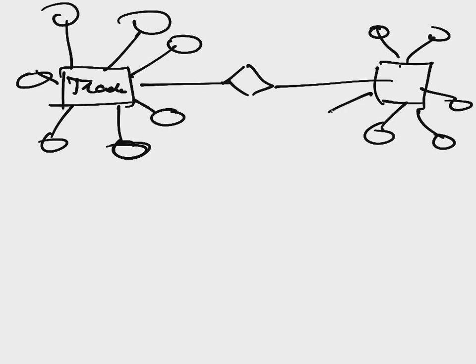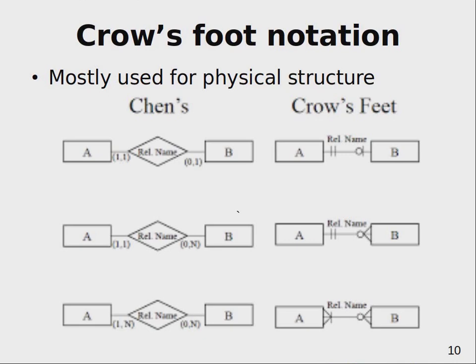What is not so good is that it's quite verbose and it takes quite a lot of space. And because of that, usually this particular notation is used for conceptual drawings, when you don't care about small details, but you show the most important business objects for this particular system.